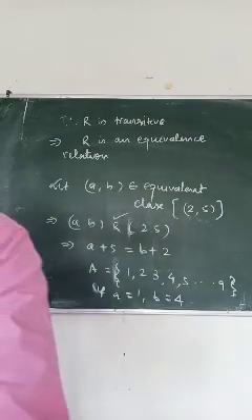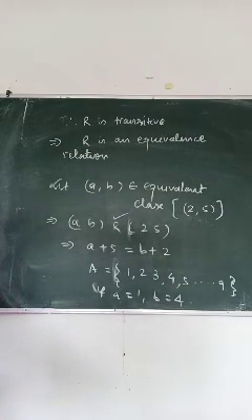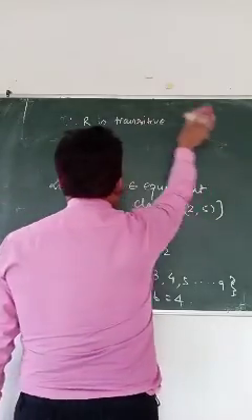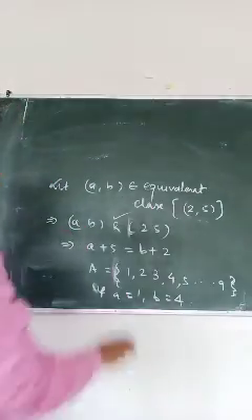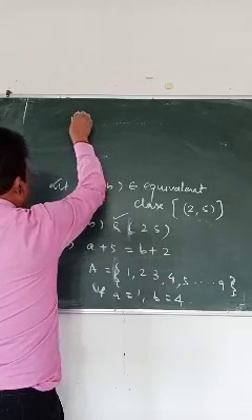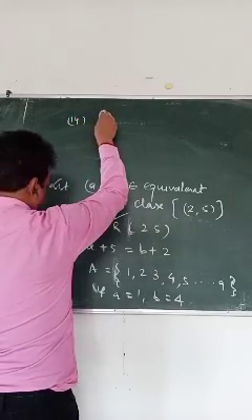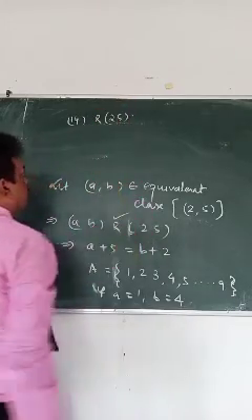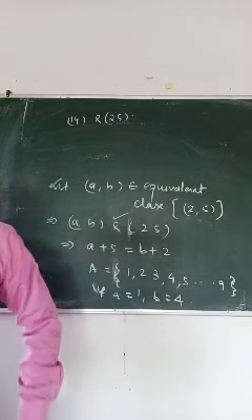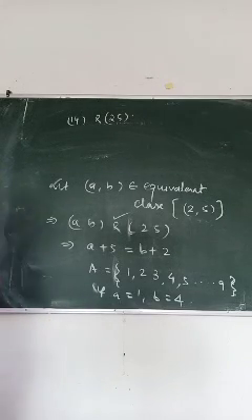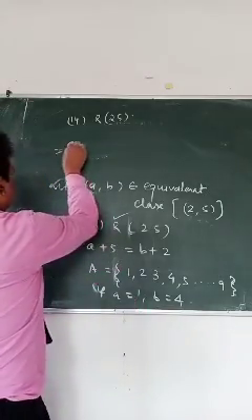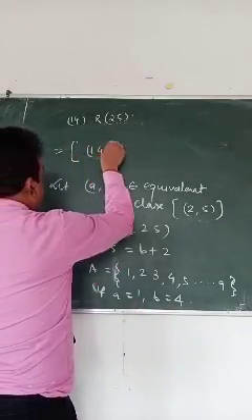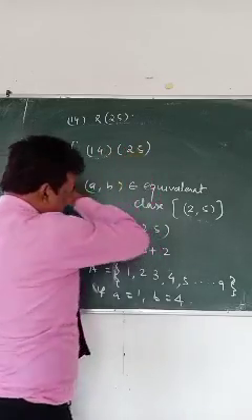Okay? So when it is 4, that means in the equivalent class, 1, 4 relates to 5. Then what could be other elements? That means look at here. You are getting 1, 4, 2, 5.